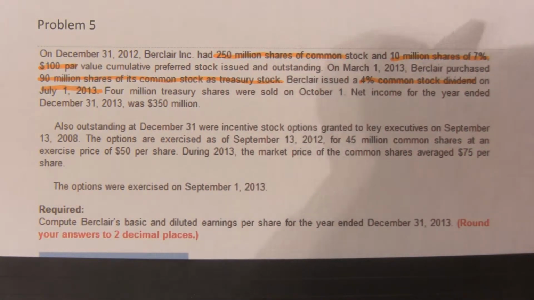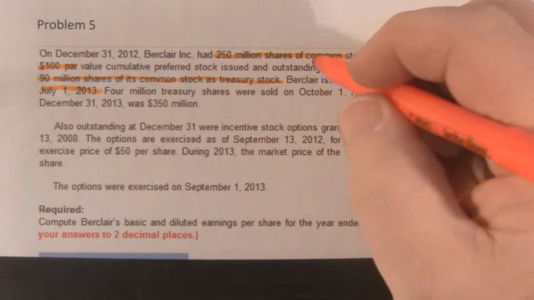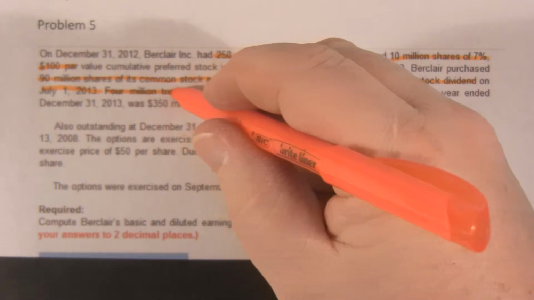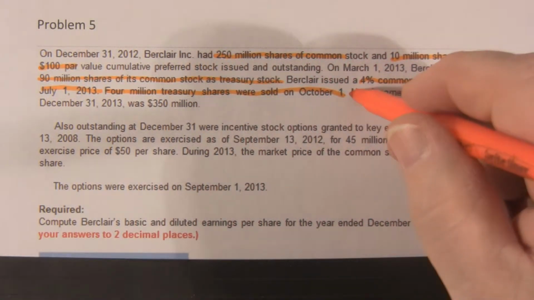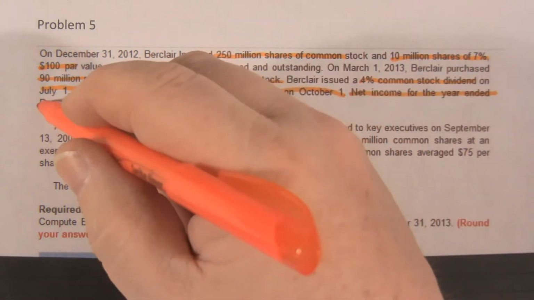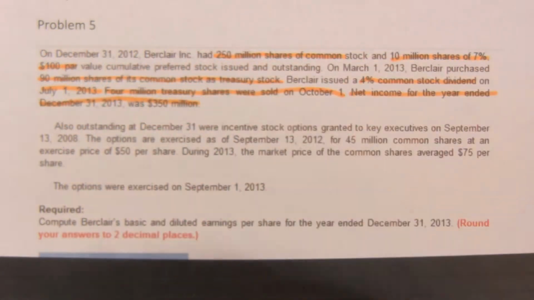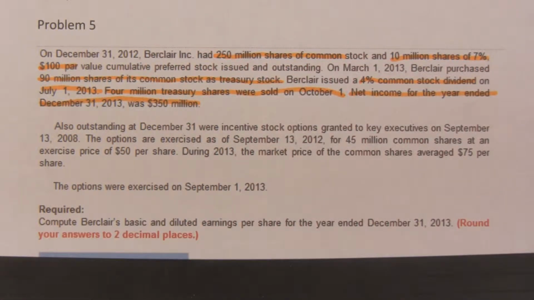So that's going to have to go back to January 1st. Then 4 million shares, treasury shares, were sold on October 1st, and net income for the year was 350 million.